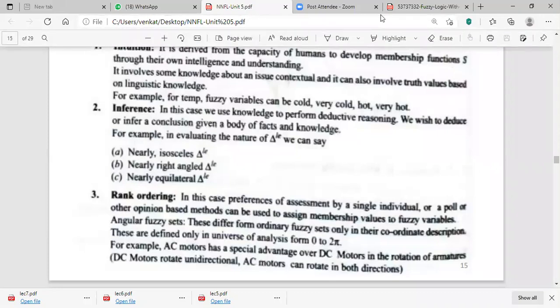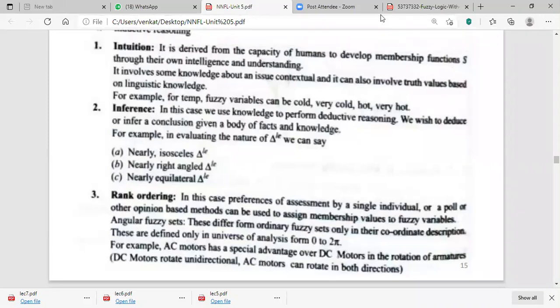Here, angular fuzzy sets differ from ordinary fuzzy sets. Angular fuzzy sets will be varying from 0 to 2 pi.